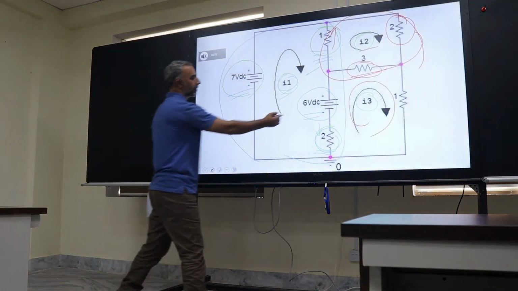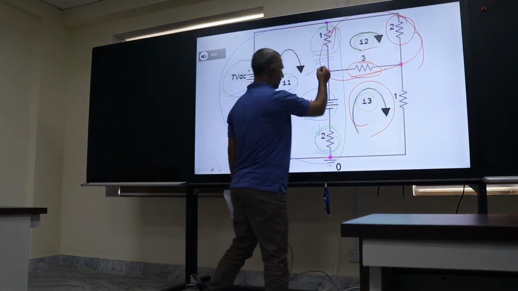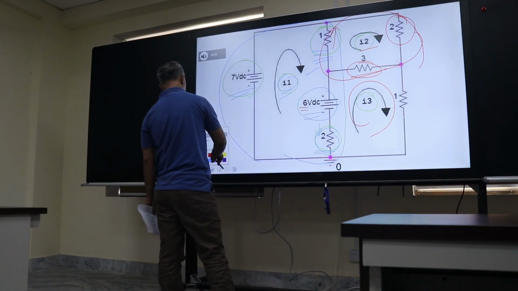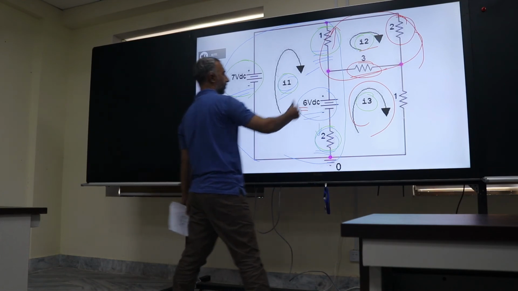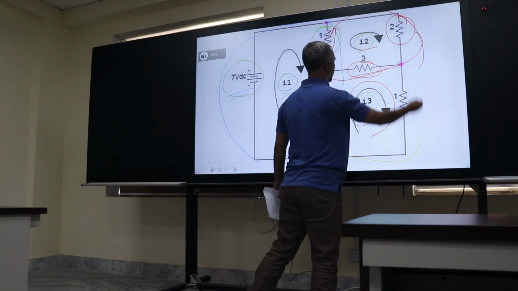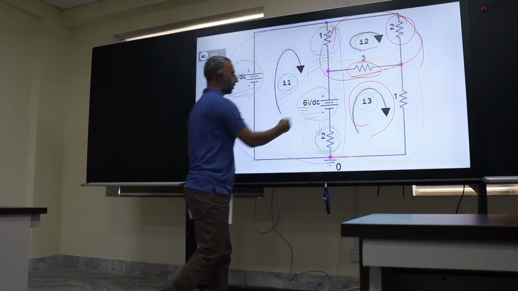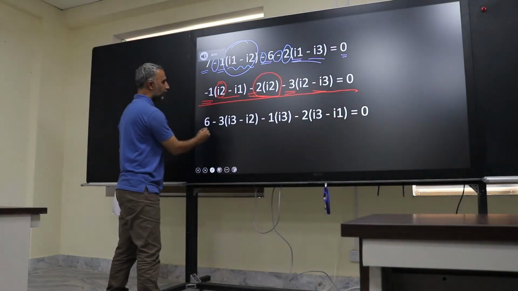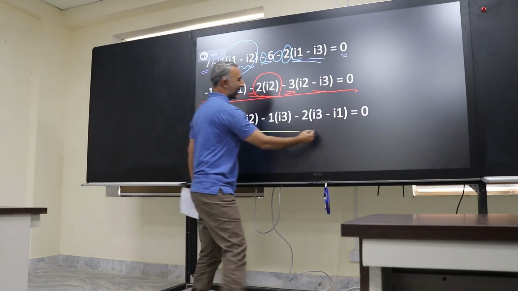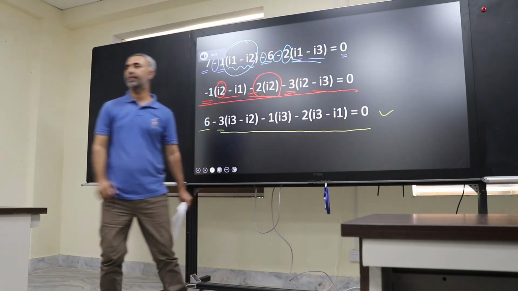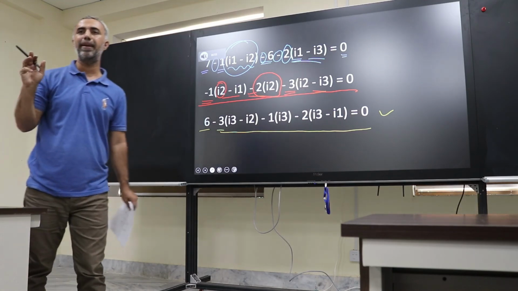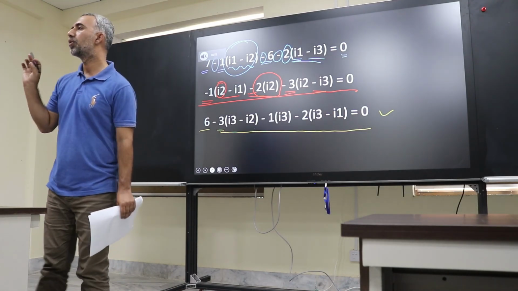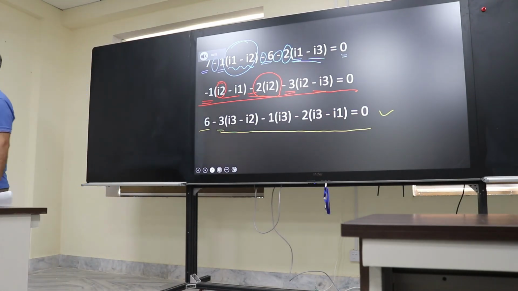Similarly, in the third equation you are considering again the same formation with negative 2. Now you can construct a 3 by 3 matrix because you have 3 unknowns.